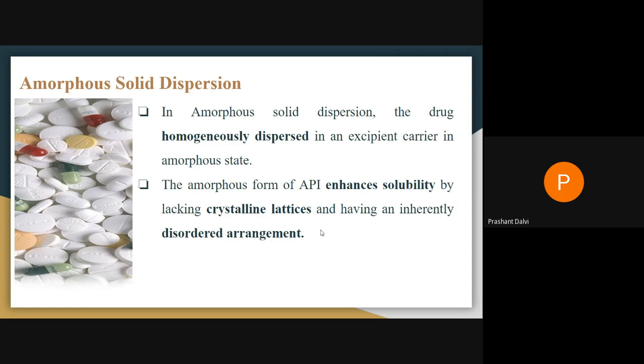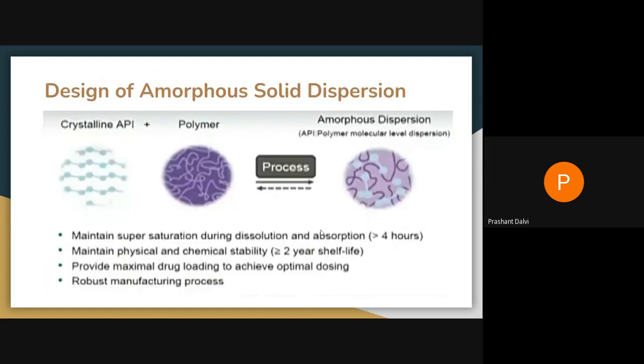So the amorphous form of an API enhances solubility by lacking the crystalline lattice and having an inherently disordered arrangement of atoms in the molecules. That's why the solubility of this form of dispersion is greater compared to the other systems.